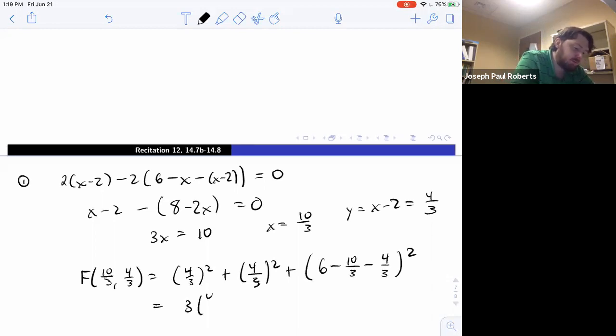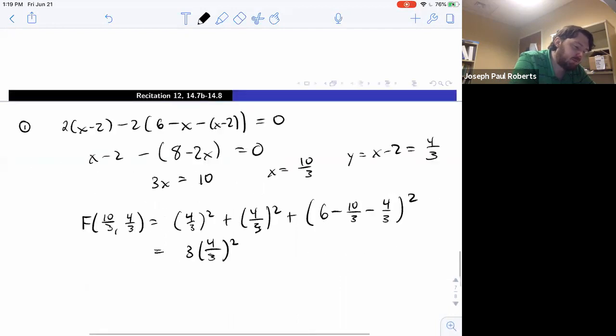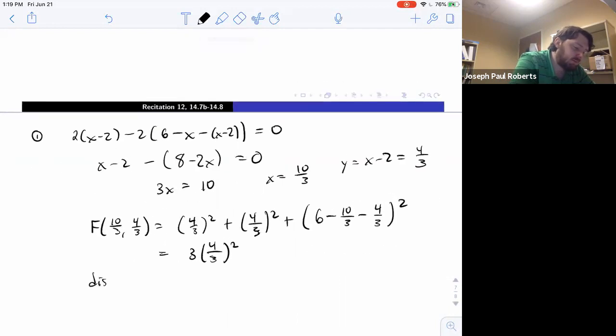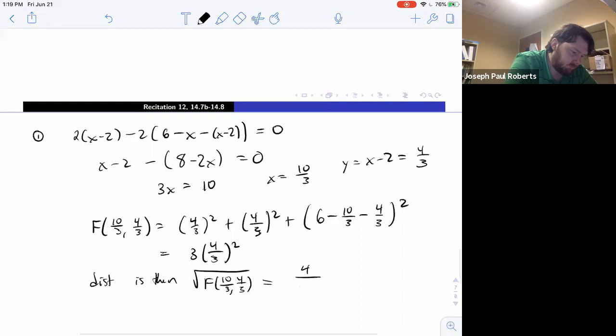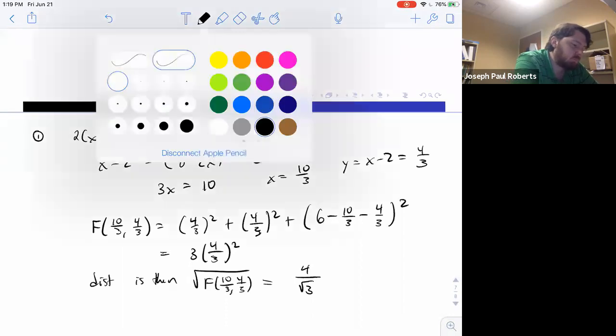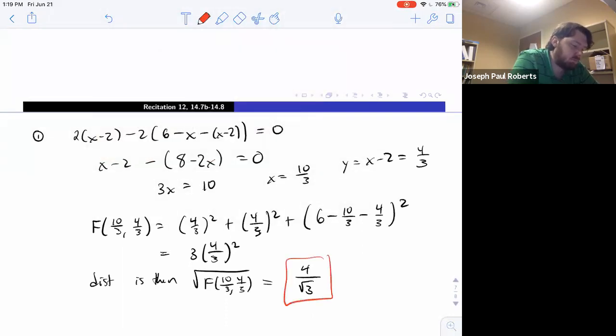So 3 times 4/3 squared. And so distance is then the square root of f, because remember we were dealing with distance squared. And so, of course, we get 4 over square root of 3, as we were expecting.